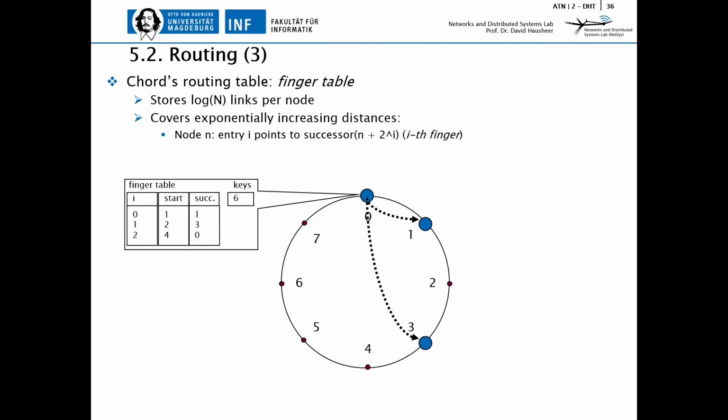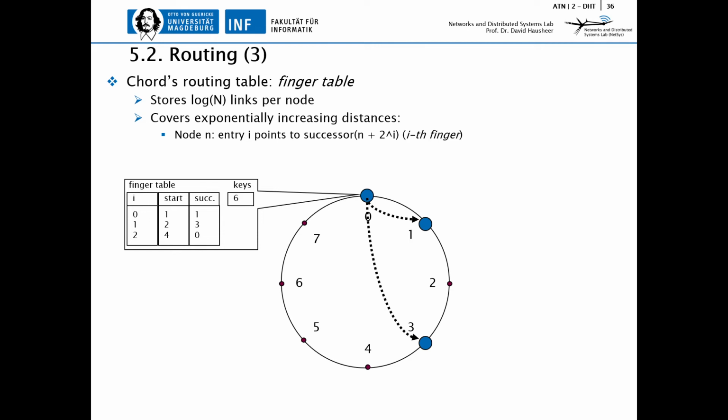That means for node n, its entry I, the row I in its table, points to the successor of n plus 2 to the power of I. This is also called the I-th finger of that particular node. So let's look at an example here. If we look at the finger table of node 0, then n is 0, and 2 to the power of I can be calculated.